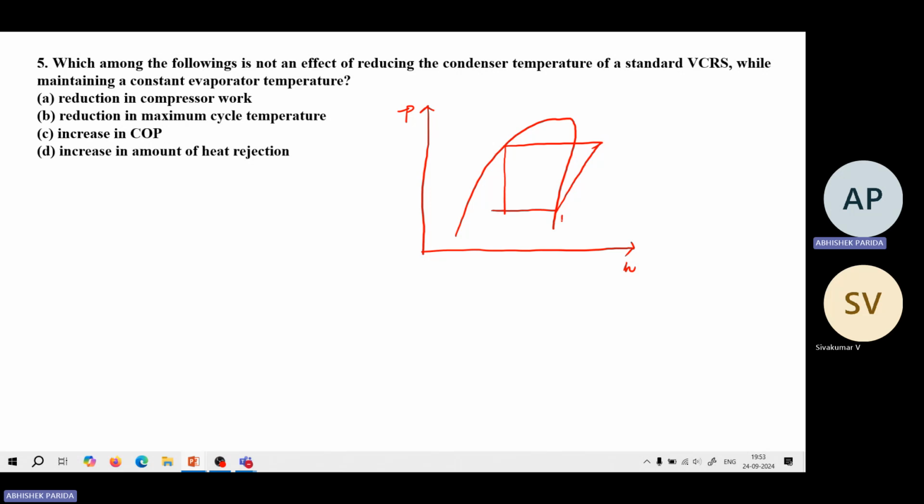This is the first case: 1, 2, 3, 4. So which among the following is not an effect? First of all, this is one of the keywords: effect of reducing the condenser temperature. So what we are doing is we have now the temperature is this one.